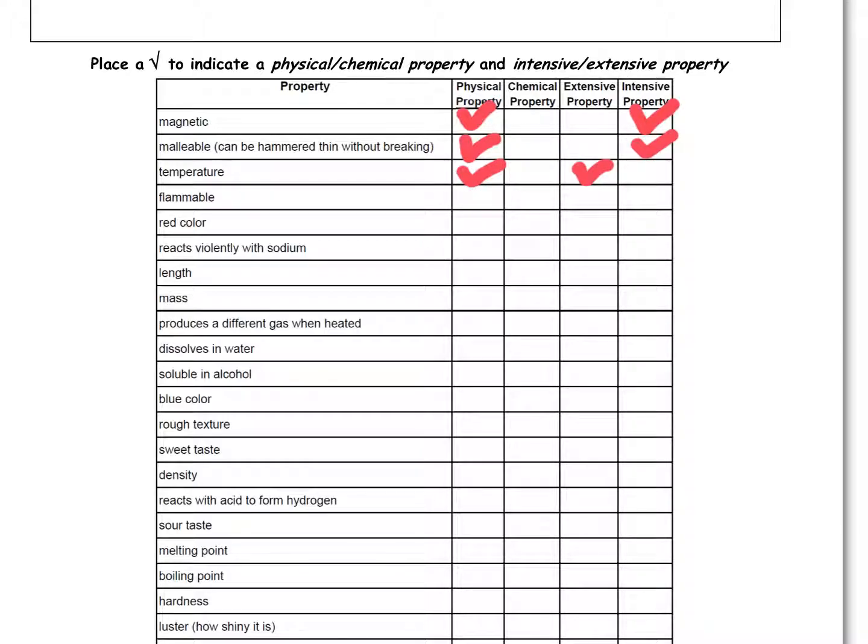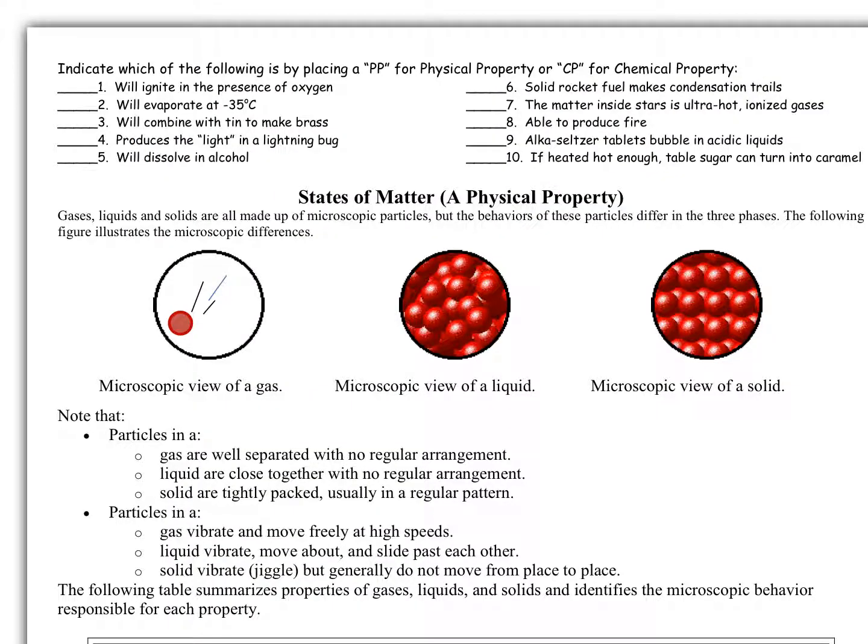And to say something is flammable, we are talking about a property of that substance which can change chemically. To test if something is flammable, you must create a chemical change. So this is a chemical property. And all chemical properties are intensive. Next, read these 10 descriptions and identify each as a physical or a chemical property.